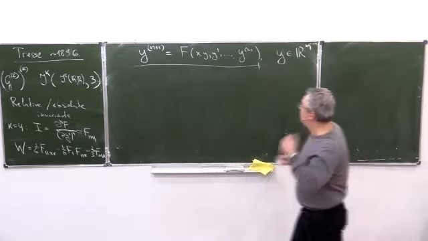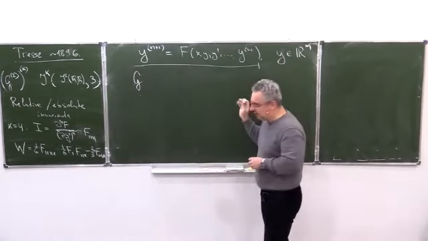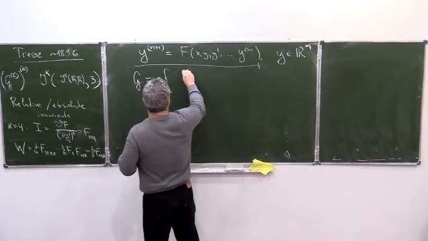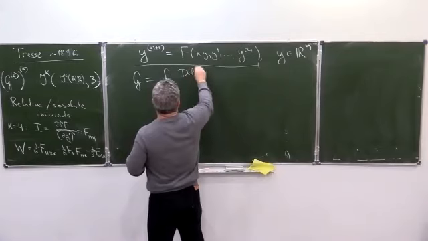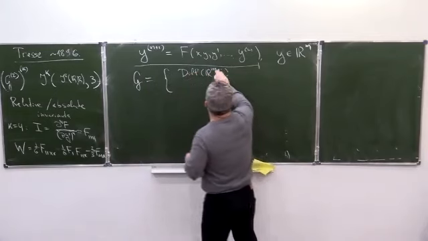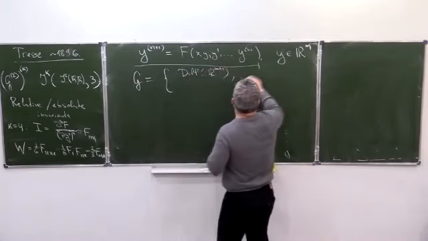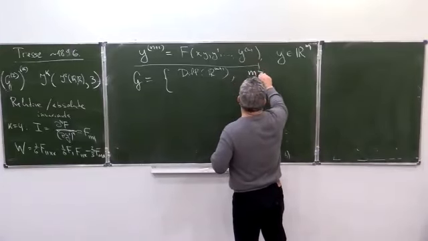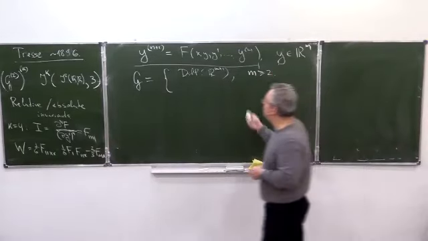And the assumptions will be like this. So our group under which we will look for differential invariants will be either point transformations, so diffeomorphisms of R^{m+1}, if m is greater or equal to 2, so it's point transformations if you have a system of at least 2 equations.